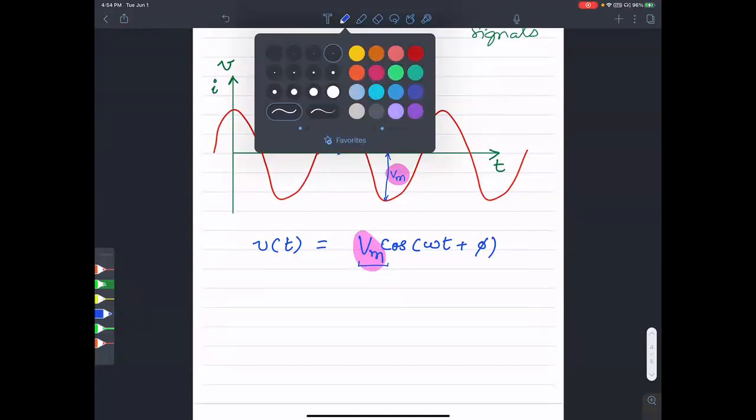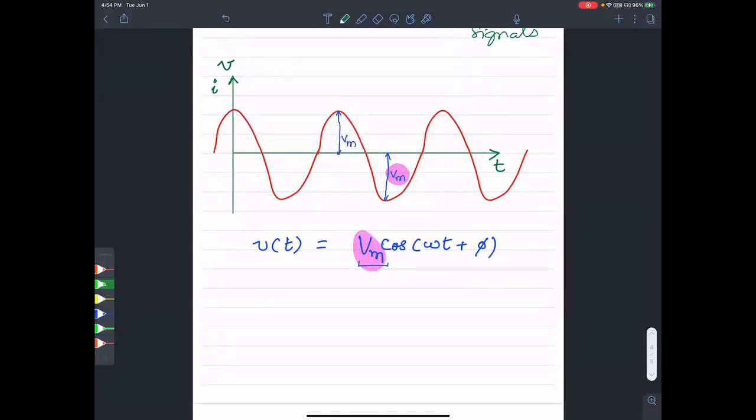Let's see if I can use a different color for that. Then there is the omega term, which is represented by the time period. The time period between two peaks or two valleys is the capital T, and 1 over capital T is F, and 2 pi F is omega. This is the angular frequency.